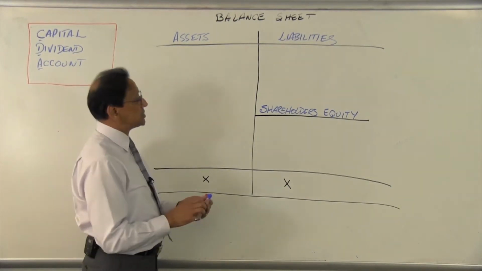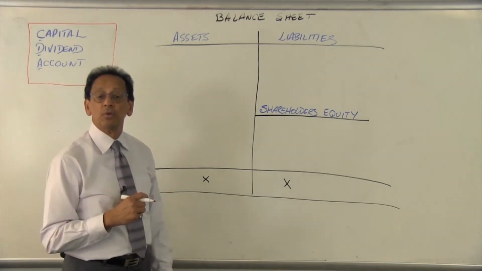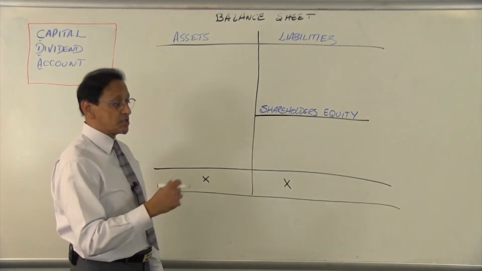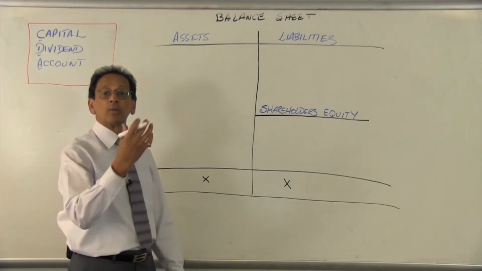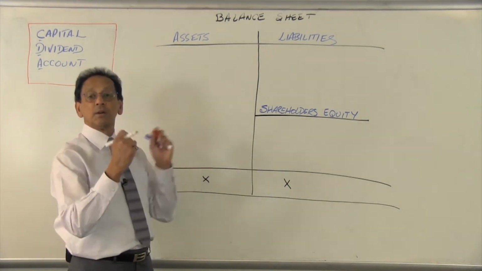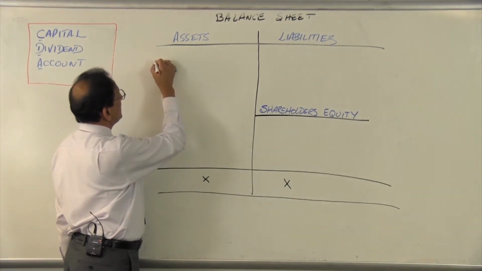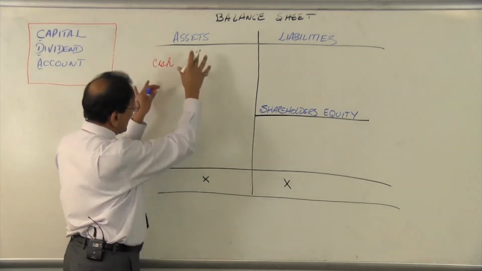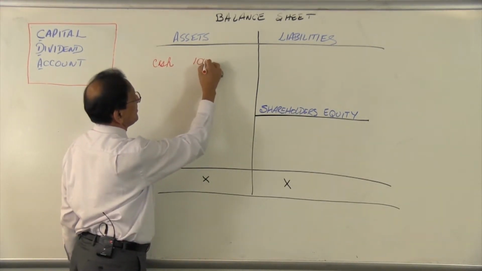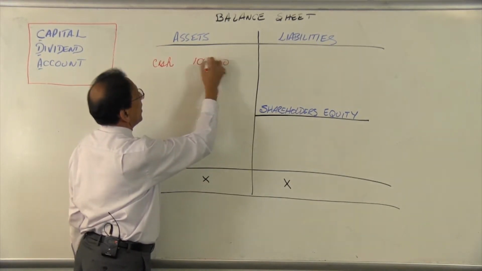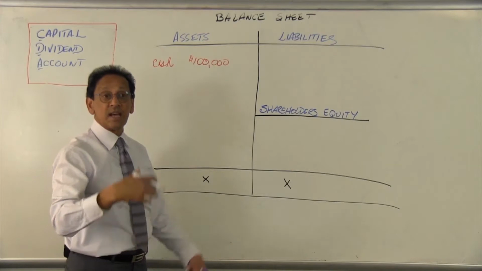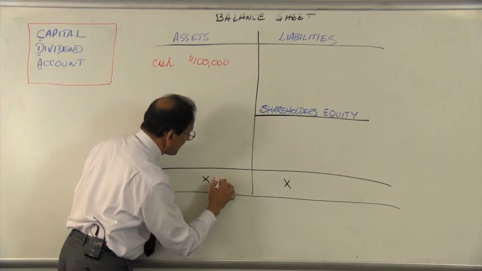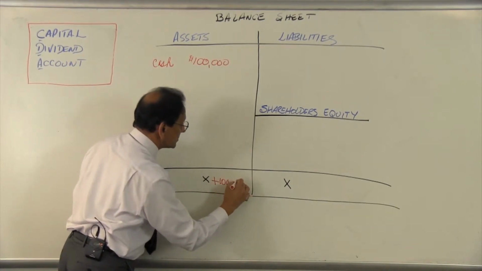The insurance company sends a check to the owner, which is a corporation, and the check is payable to that corporation. The accountant takes that check and deposits it in the company's bank account. So the assets of the company go up by $100,000 because that was the death benefit, and this side of my balance sheet has gone up by $100,000.